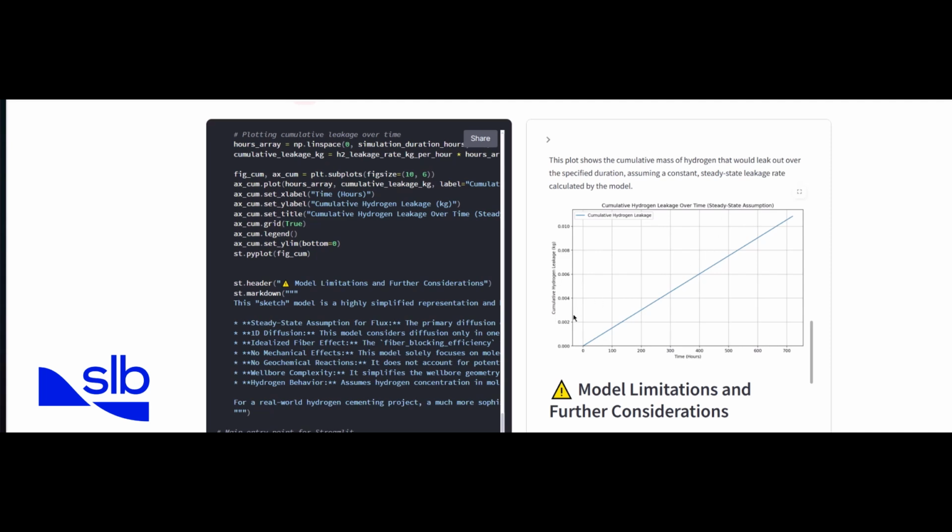You calculate hydrogen leakage in kilos by hour. After, for example, 500 hours, you have this value of hydrogen leakage in kilos, 0.8. So that means around 18 grams.